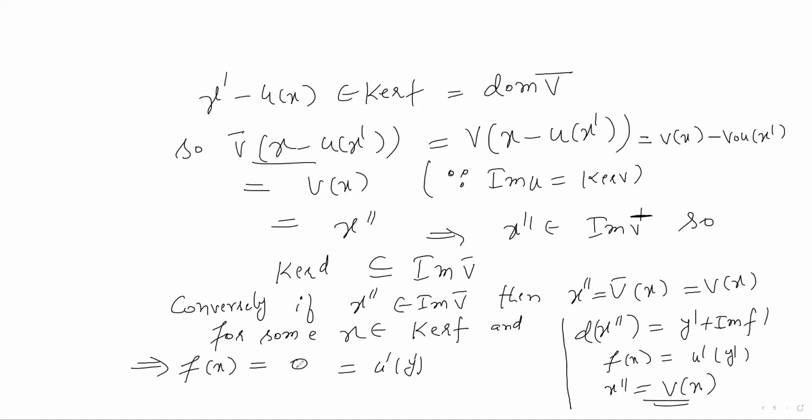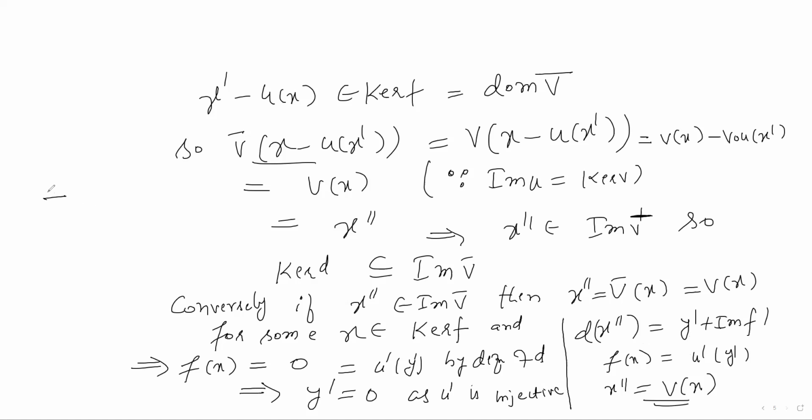So f of x is 0, which is u dash y dash by definition of d. Okay, so this means now u dash आपका इंजेक्टिव भी है, u dash is also injective. So this means y dash equal to 0. अगर y dash 0 होगा तो आपका d of x डबल डैश क्या हो जाएगा?